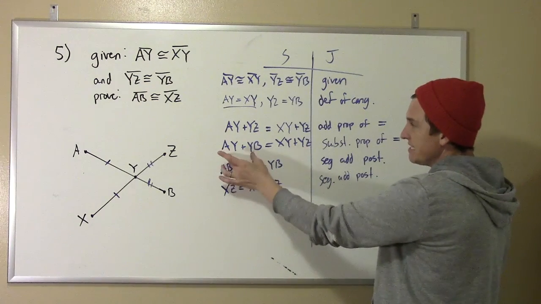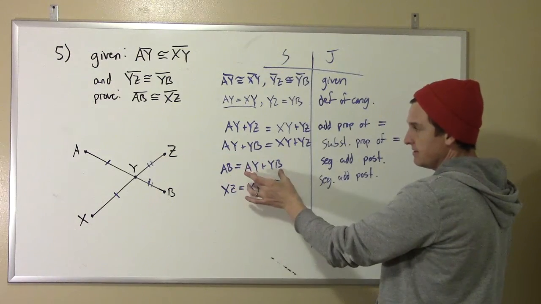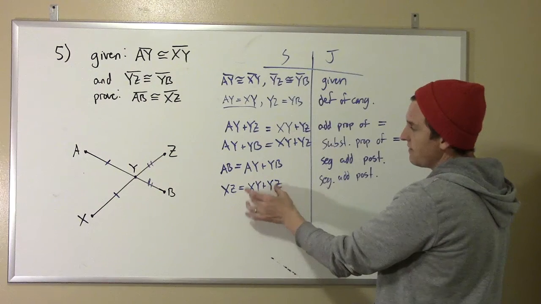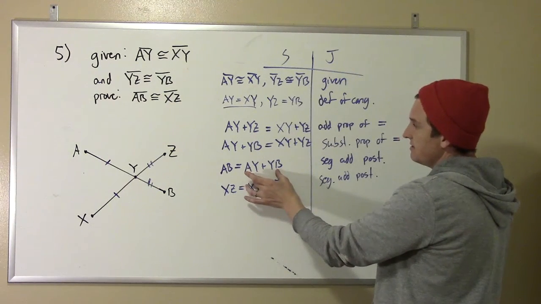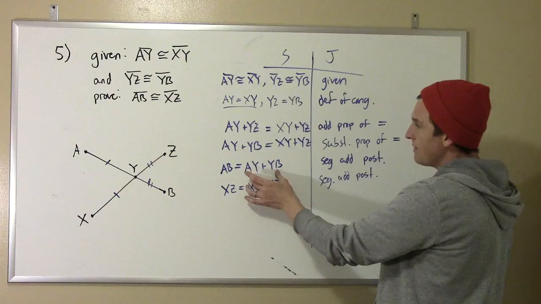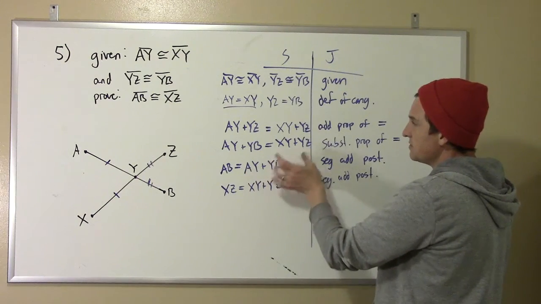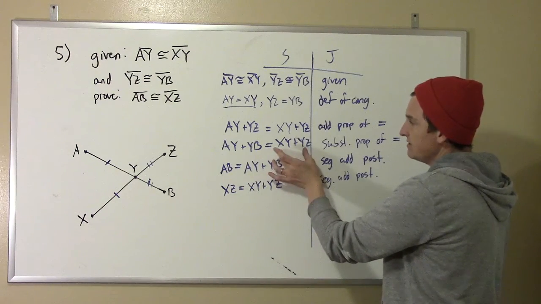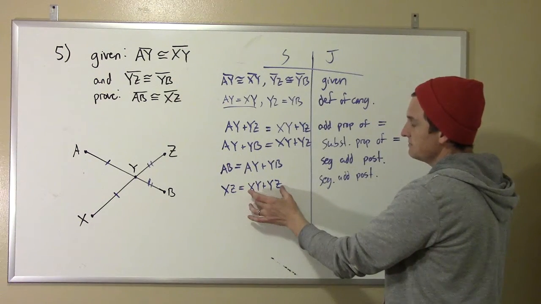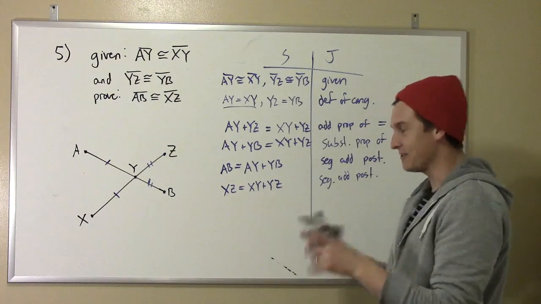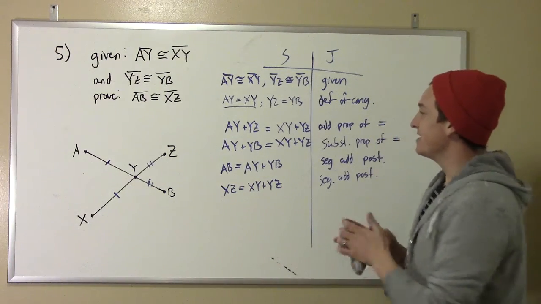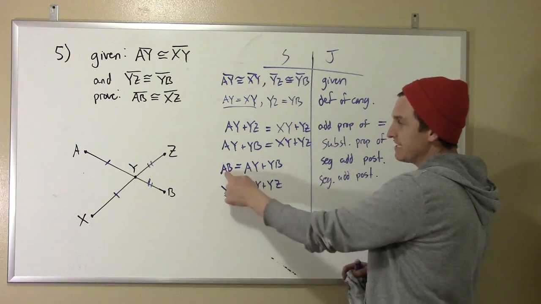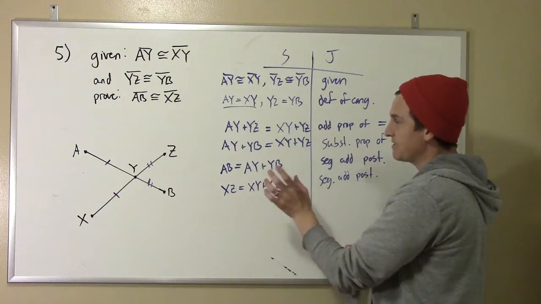But also, where do we see this? It's right here. And where do we see this? It's right here. Okay, so if this, right here, AY plus YB, is also equal to this, if this guy is equal to this guy, and this guy is equal to, let me go back one step, this is where it gets tricky. I have this statement and this statement equal, which means this statement and this statement are equal, which means this guy and this guy are equal. Okay, so one more time.